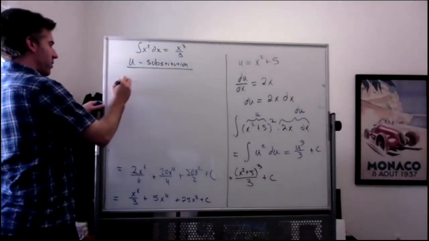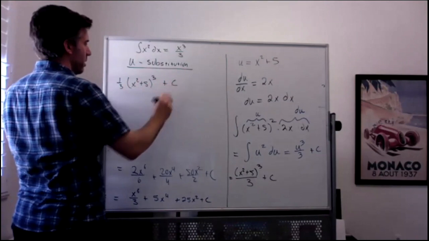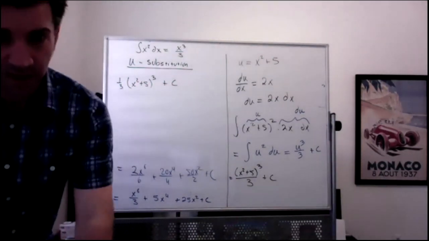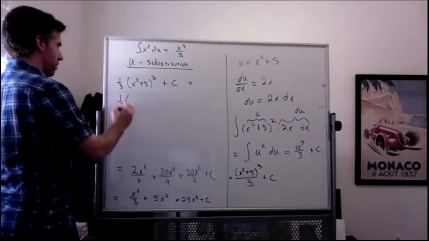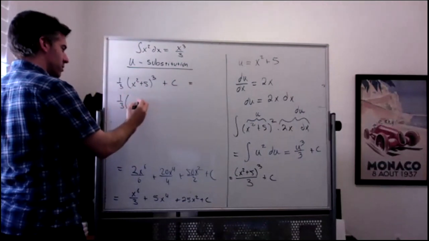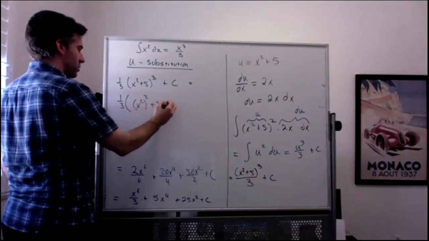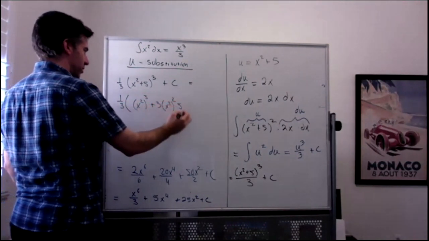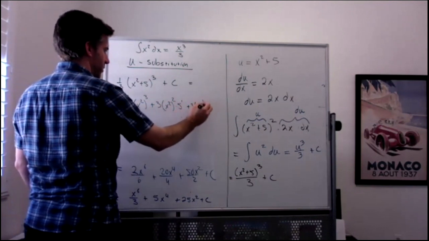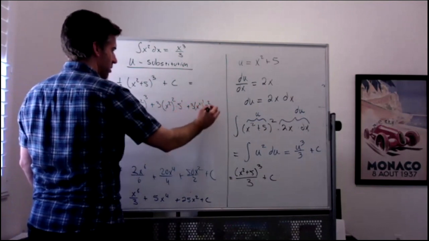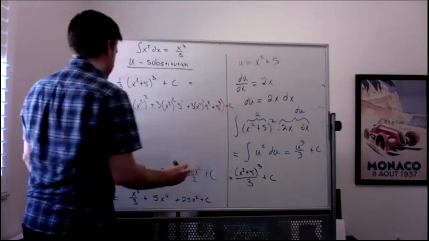I've got 1/3 times x squared plus 5 cubed plus c. There is a pattern for multiplying out something cubed: it's going to be the first term cubed plus 3 times the first term squared times the second term, plus 3 times the first term times the second term squared, plus the second term cubed, plus c.